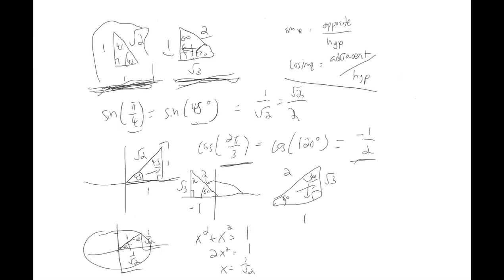So which type of triangle has a root 3 in it? Obviously, the 30, 60, 90, not the 45, 45. Cosine is adjacent, so I want root 3 over 2, and this is my angle.